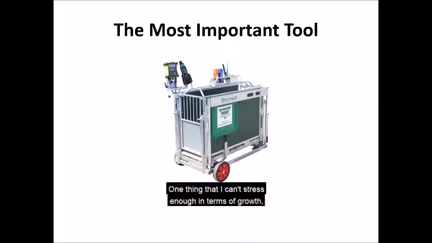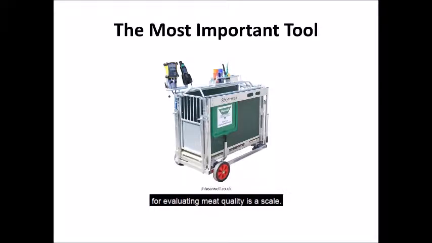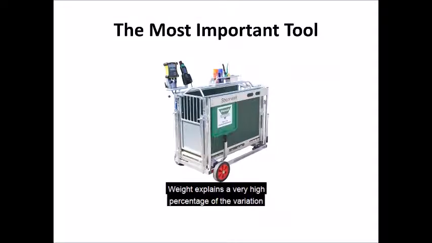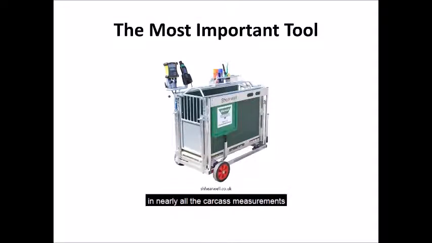One thing that I can't stress enough in terms of growth, meat quality, and composition is that the most important tool on the farm for evaluating meat quality is a scale. Okay, weight explains a very high percentage of the variation in nearly all the carcass measurements we're going to talk about tonight.